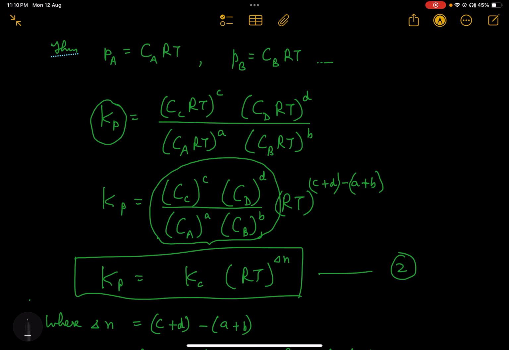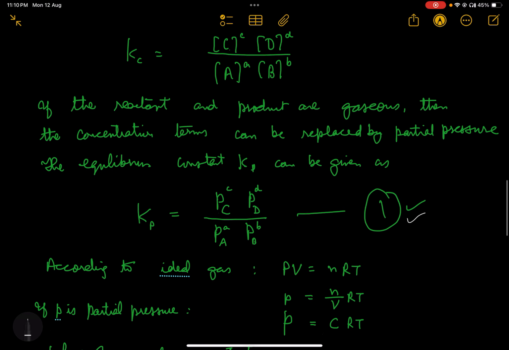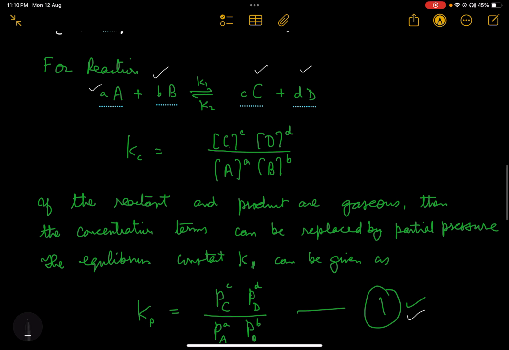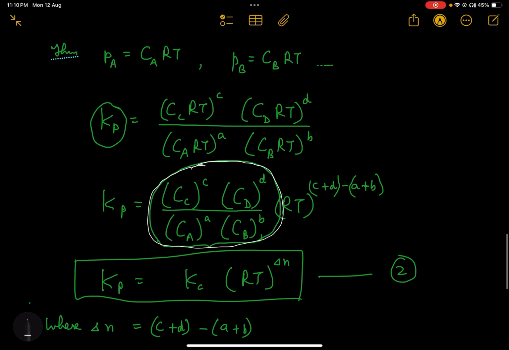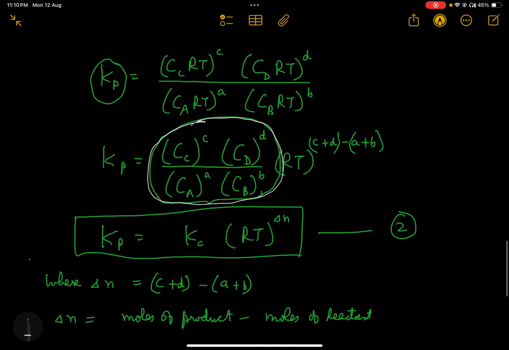Thus, we come to the relation Kp is equal to Kc. This whole term is equal to Kc, which can be replaced by Kc and RT raised to the power of delta n.